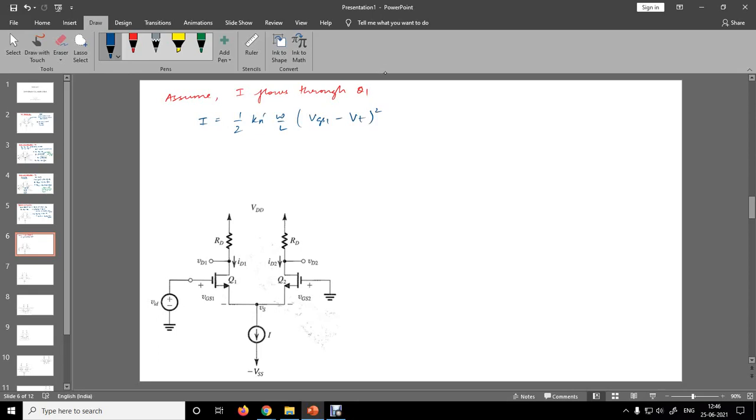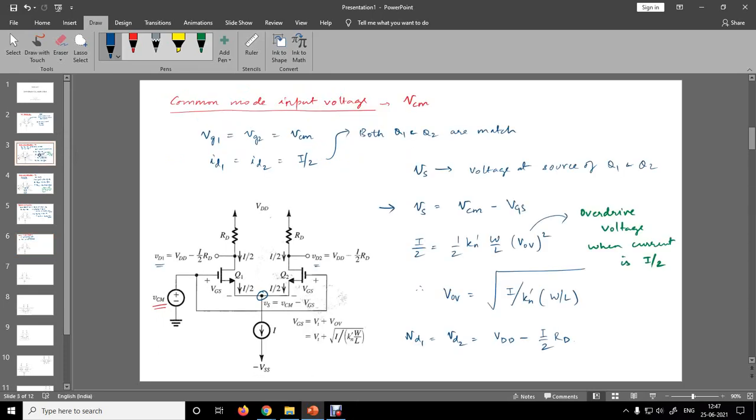My current equation, right? So from this I can write VGS1 as the square root of 2I divided by Kn prime into W by L, and this VT will go that side, so VT plus. Okay, so VGS1 is VT plus this, and if you remember the formula for VOV, which we derived earlier, VOV here is root of I by Kn prime into W by L. So this VOV, always remember, it is for I by 2, right?